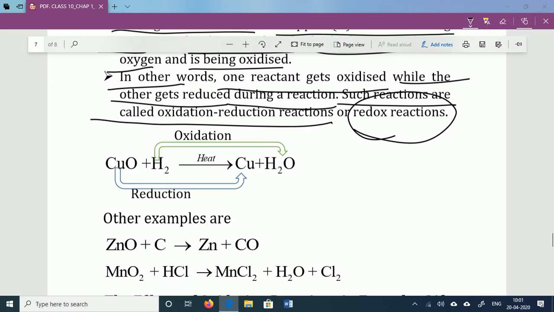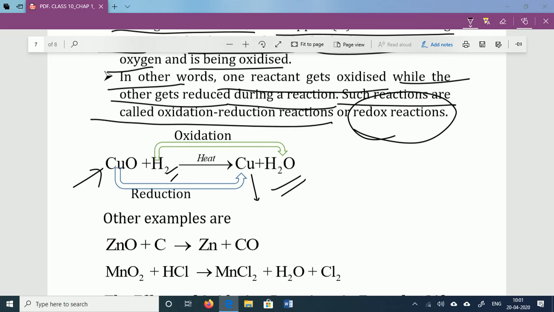Hydrogen undergoes the oxidation process and copper oxide undergoes the reduction process. So CuO to Cu is the reduction process, and H2 to H2O is the oxidation process.